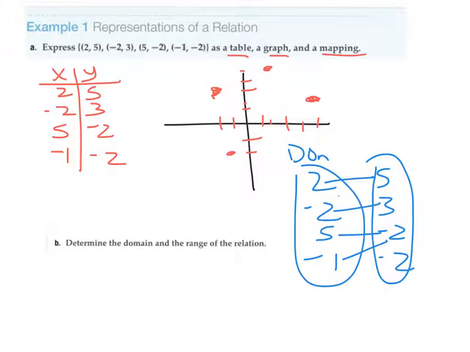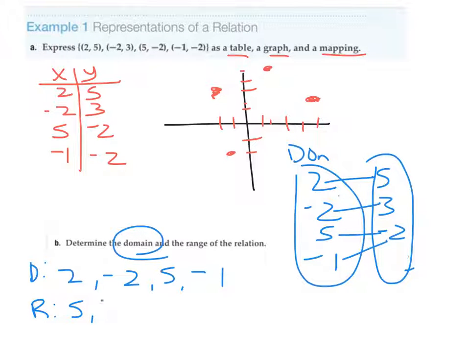My fault, you don't repeat any of the numbers in the map, and so the -2 just has 2 lines to it. The domain is simply the 2, the -2, the 5, and the -1, which are the x values. That's the domain. And the range is the y values, and in this case, the -2 doesn't get repeated.